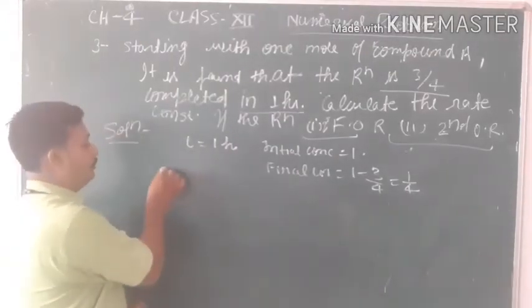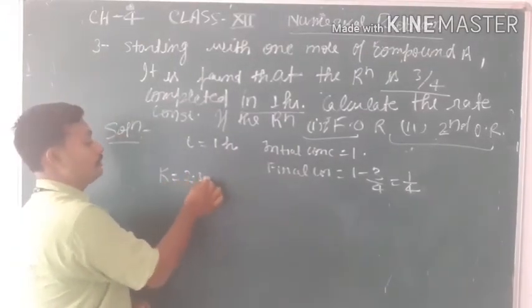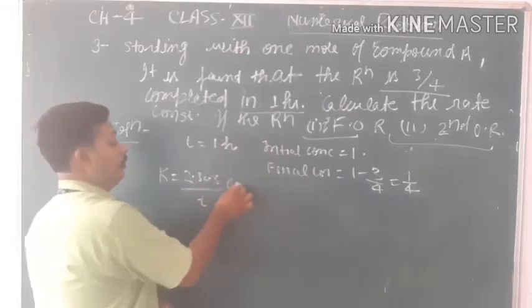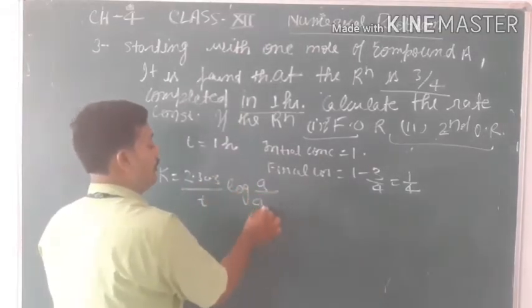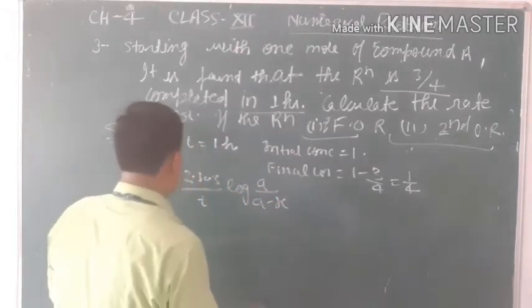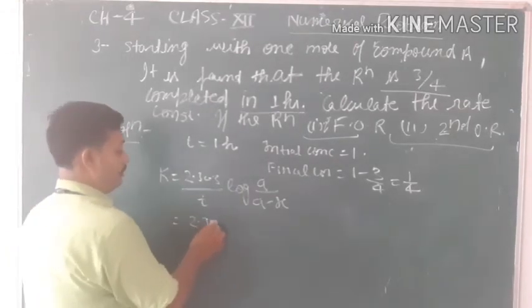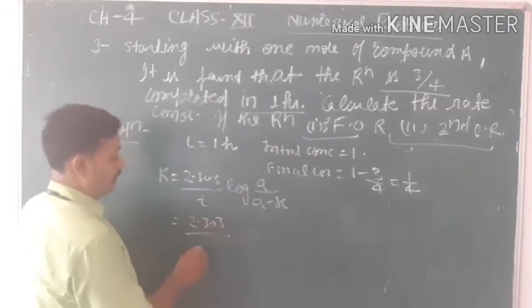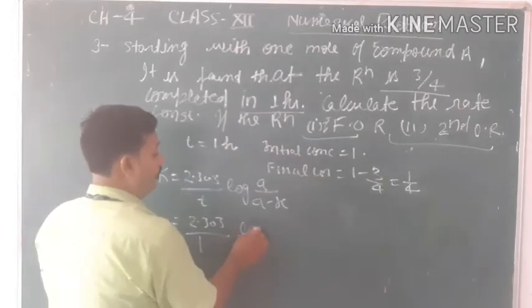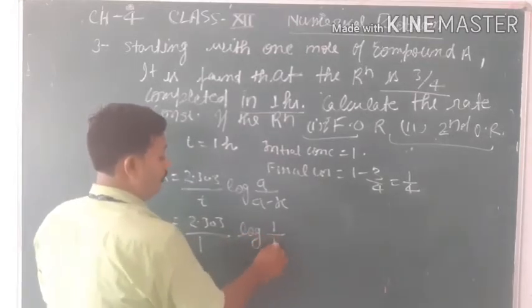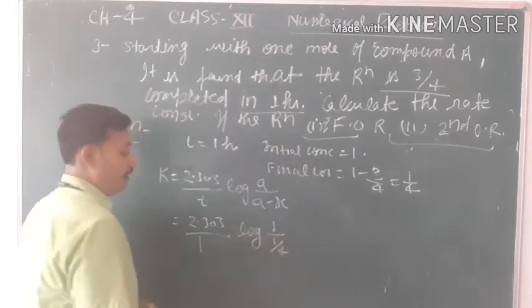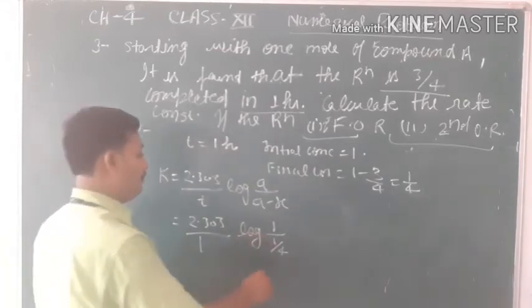K is equal to 2.303 upon t times log a upon a minus x. So here we get 2.303 upon t, where t is 1 hour, times log of 1 upon 1 by 4.